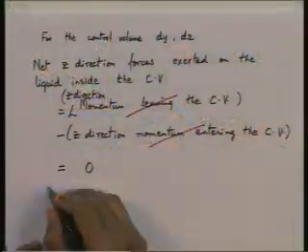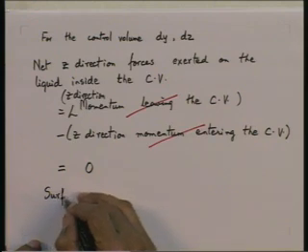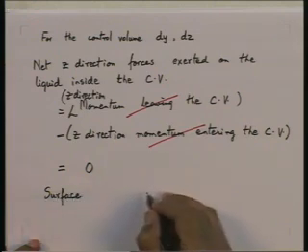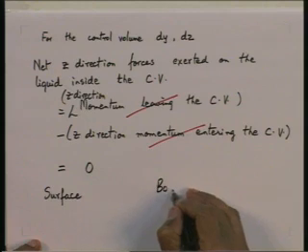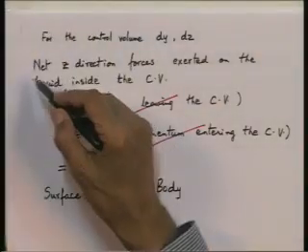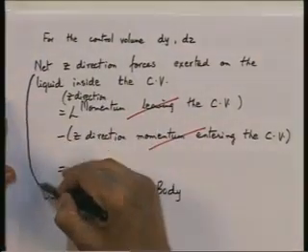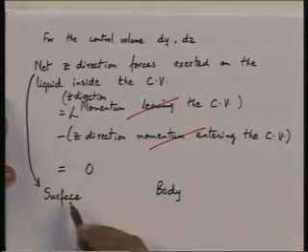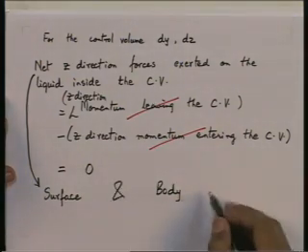Now, what are the net z direction forces? Forces exerted on the liquid are of two types: surface forces and body forces. What are the surface forces in this case? Let me say the z direction forces are surface forces and body forces.